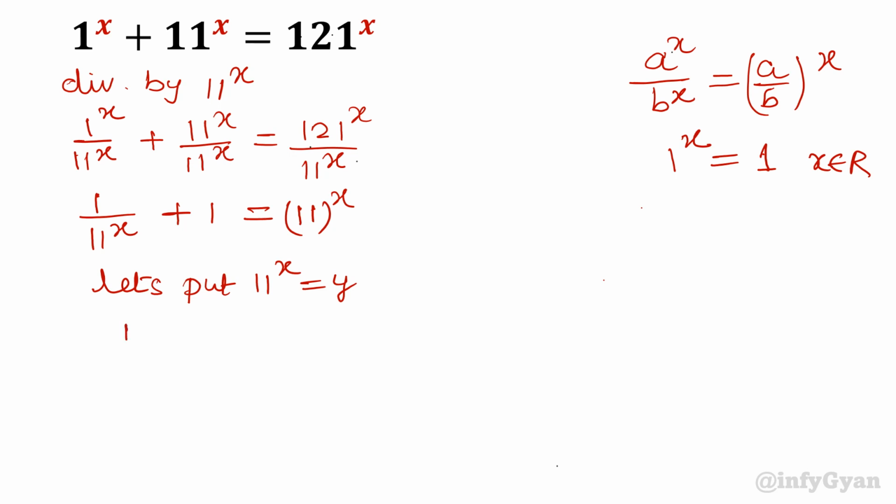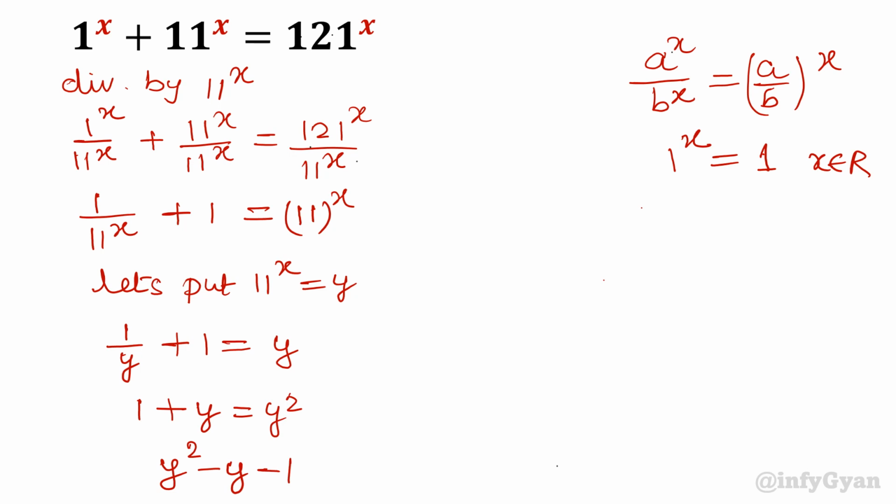So our equation will convert into 1 over y plus 1 is equal to y. Multiply this equation by y. So 1 plus y is equal to y square. Take all the terms to the right side. The equation will be y square minus y minus 1 is equal to 0.